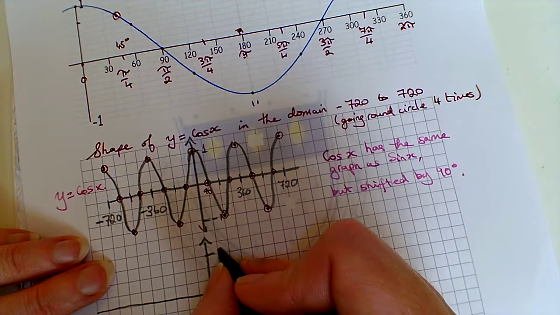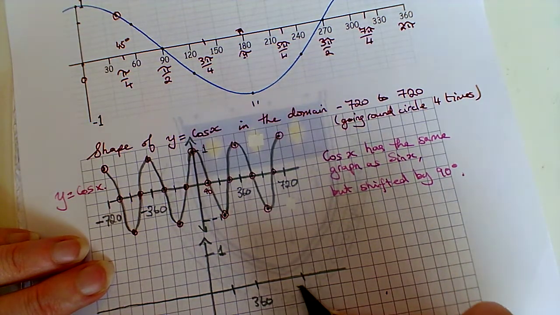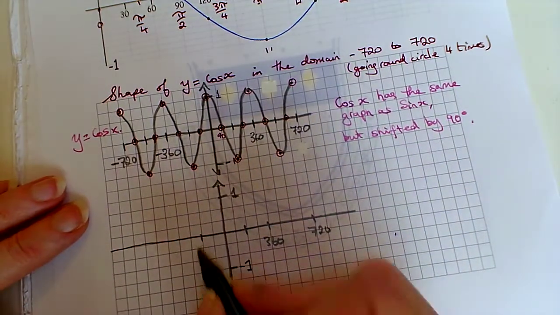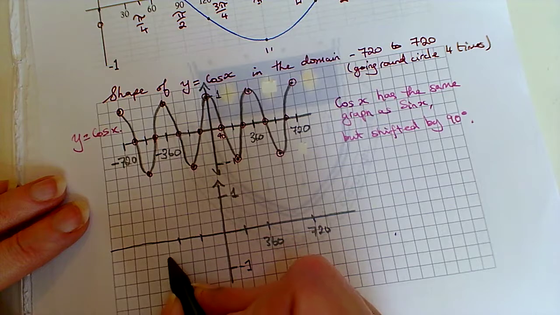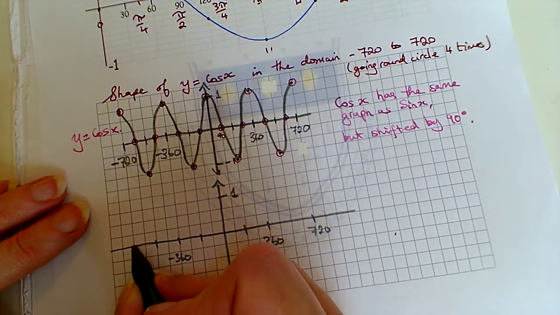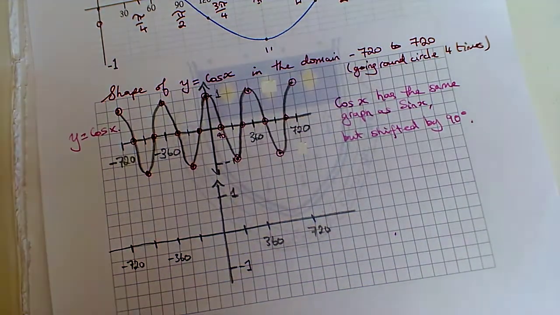So again, I'm going to go up as far as 1 and down as far as minus 1. And it's going every 180 degrees. There's 360, there's 720. I wanted to line up with it so you can see them in the same place. Minus 360, minus 720.